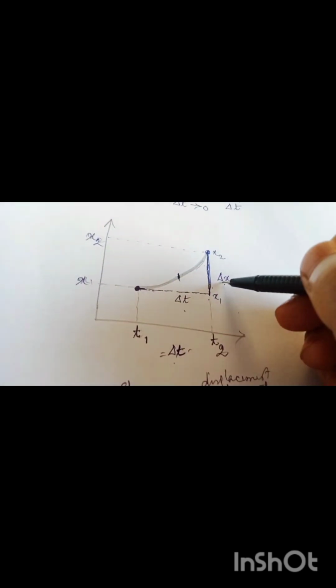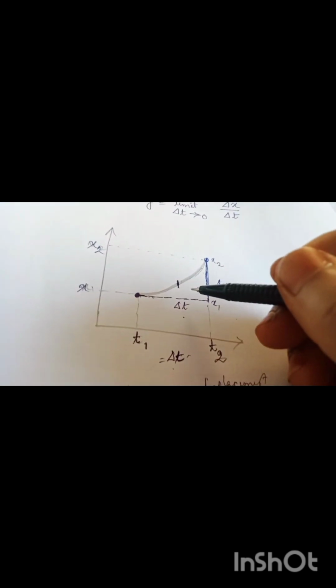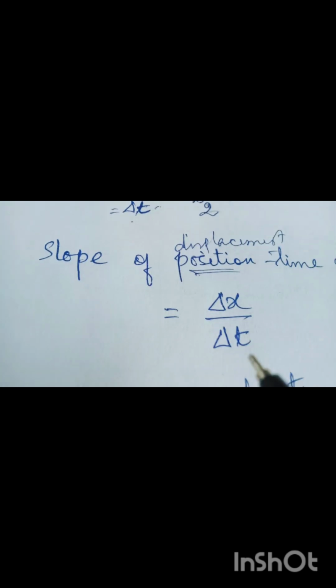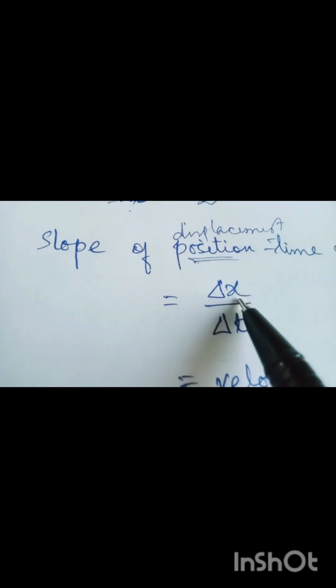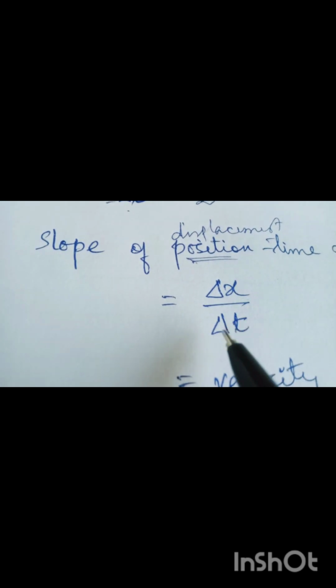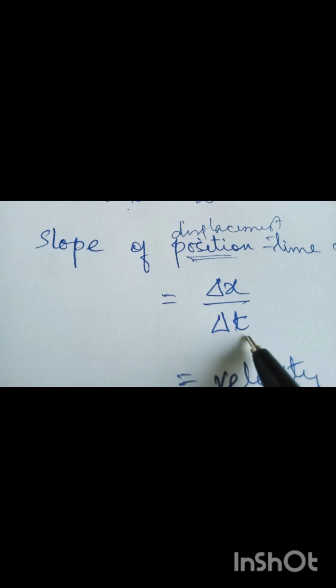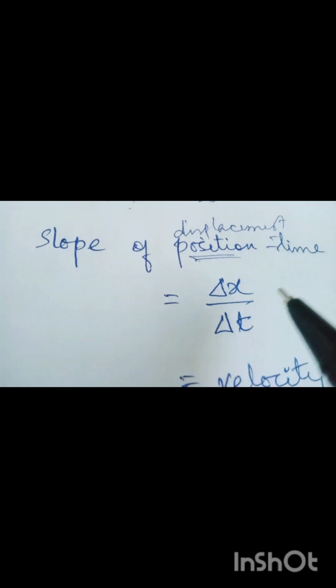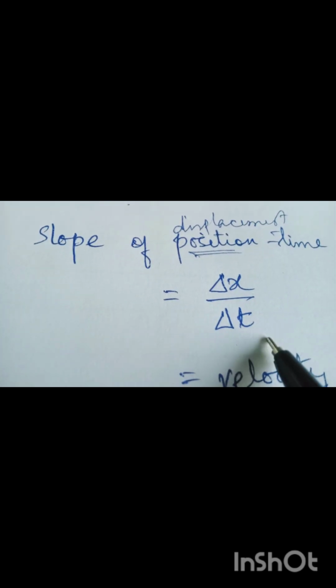So delta x becomes a point value in equal intervals of time. That means delta x remains the same for the same time interval.